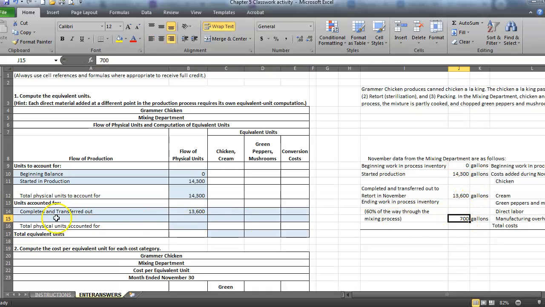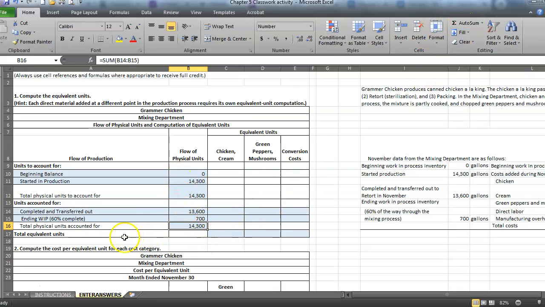We can also calculate it, but our ending WIP, which in this case is 60% done, is 700 gallons. And you can see that the total units that we are accounting for in total is 14,300.